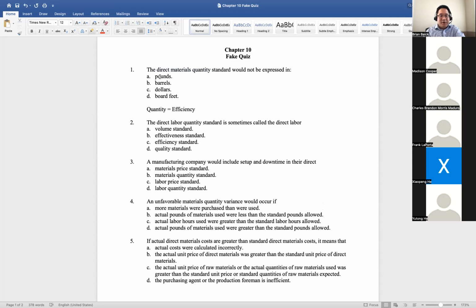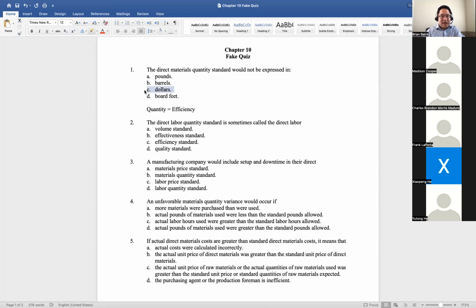So materials. Could you have materials like pounds of materials? Yeah. Could you have barrels of materials? Sure, why not? Could you have dollars of material? I don't think so. Isn't material like pounds, cups, ounces, kilograms, that kind of thing?